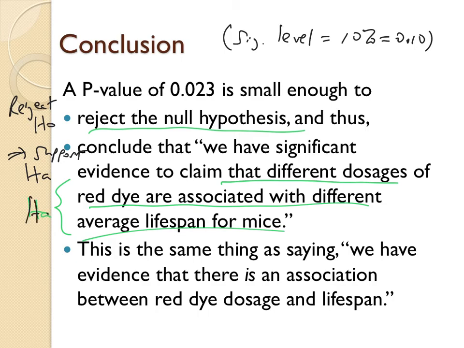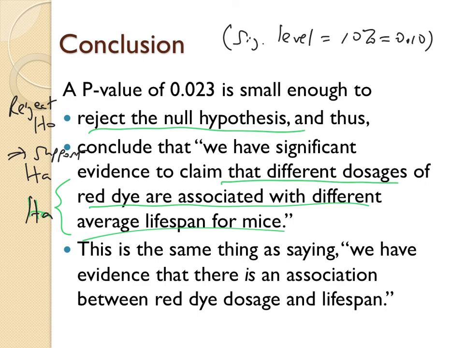And our HA, if we go back and look at it, was the statement that different dosages of red dye are associated with different average lifespans for mice. Or more specifically, that one of those population means mu was different than the others.